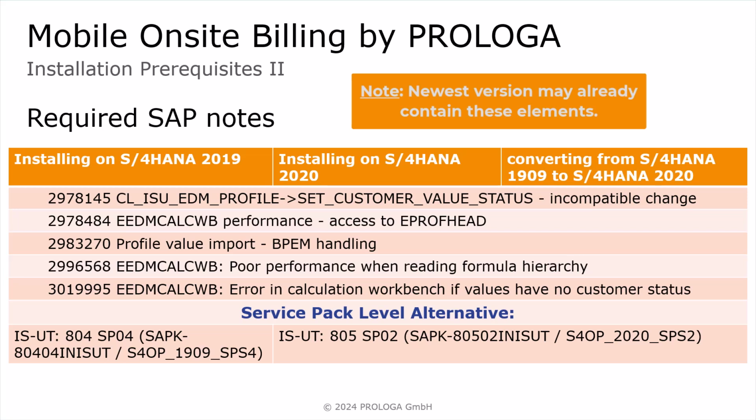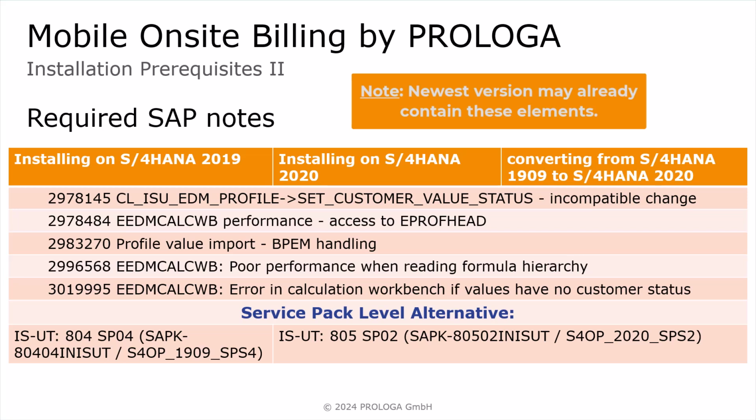When installing on S/4HANA 2020, these notes must be installed before installing the add-on. Also, if converting from S/4HANA 1909 to S/4HANA 2020, these notes must be installed before converting to S/4HANA 2020.